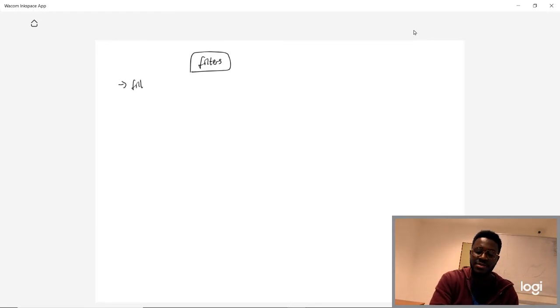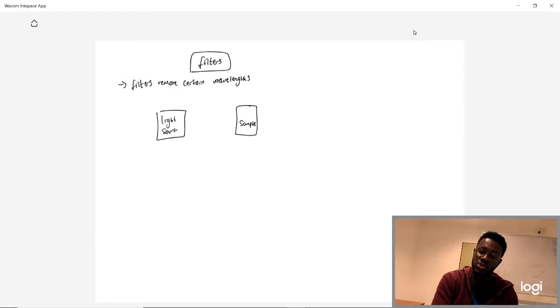If this is a sample and this is the light source, you have the monochromator.